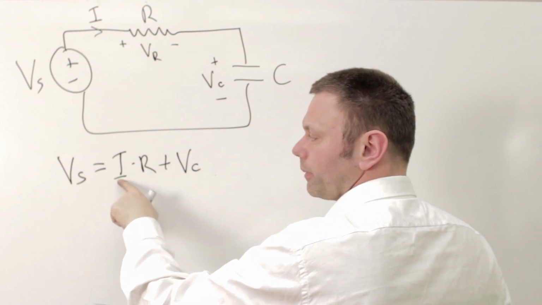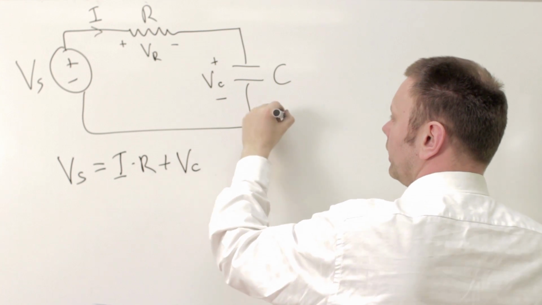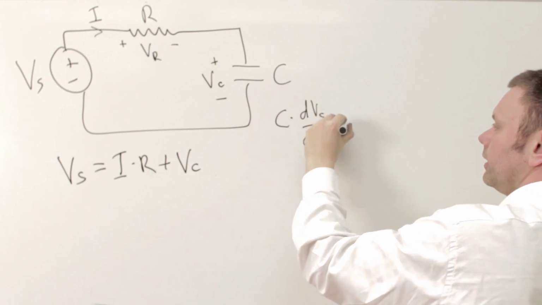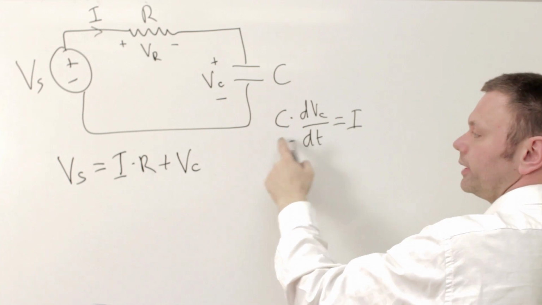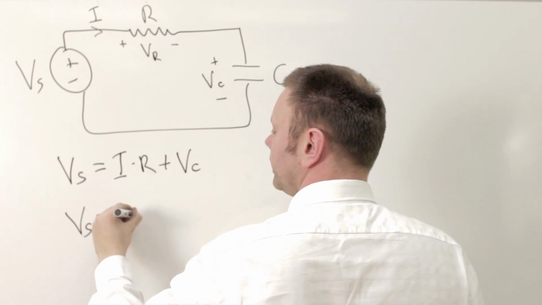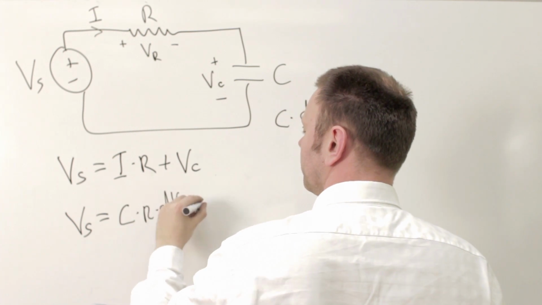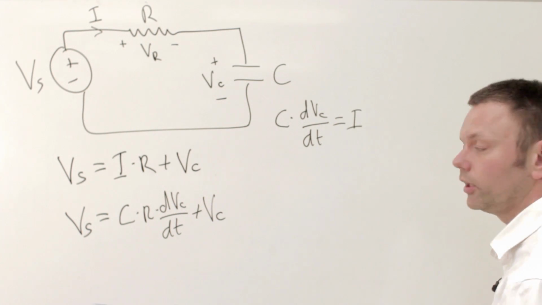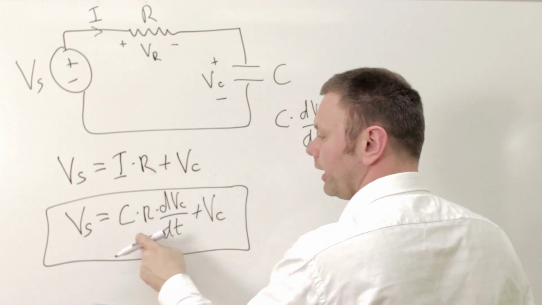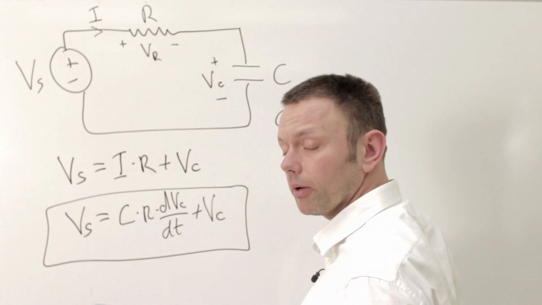Well, we can express I because we know that for a capacitor, C times dVc by dt is equal to I. And we can substitute this expression here to get Vs is equal to C times R times dVc by dt plus Vc. So here we have the equation which is actually relating how the voltage across the capacitor changes as we apply the supply voltage.